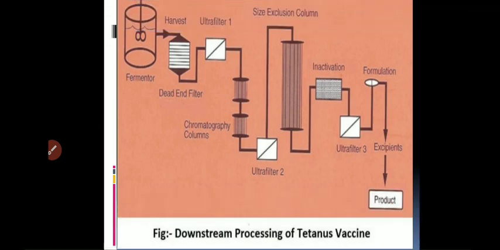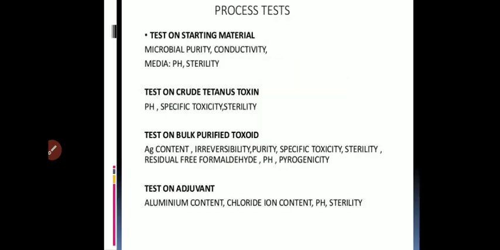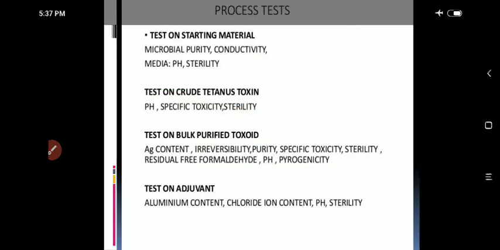Before ending with the session, one must understand that proper testing of all the products should be carried out. So before marketing, the test on starting materials like microbial culture should be pure, as well as media, proper pH of medium should be adjusted, sterility of medium should be checked to avoid the contamination risk.